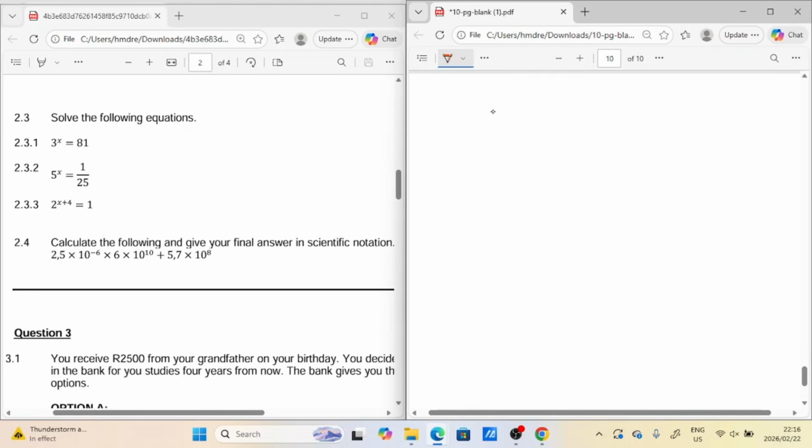Okay, so we have got 2.5 times 10 to the negative 6 times 6 times 10 to the 10, add 5.7 times 10 to the 8.